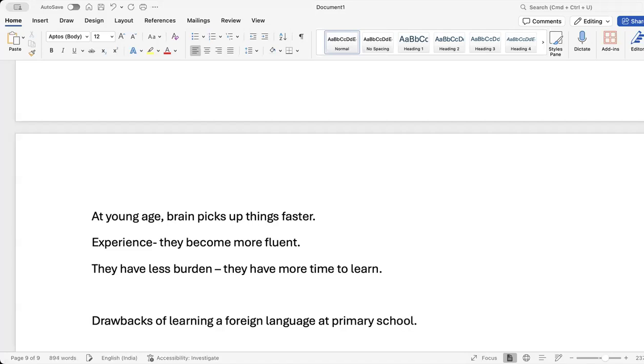सर कभी कभी ऐसा हो सकता है कि बच्चा 2-3 लैंग्वेज सीख रहा है ना बचपन में तो वो मिक्स कर सकता है उसको. Okay, so at that time they're also learning their mother tongue, so they might mix up the two languages.